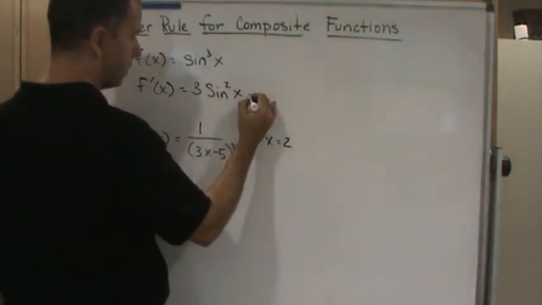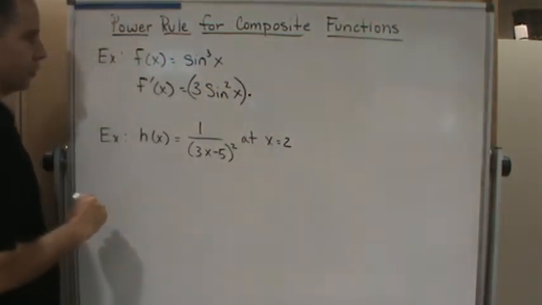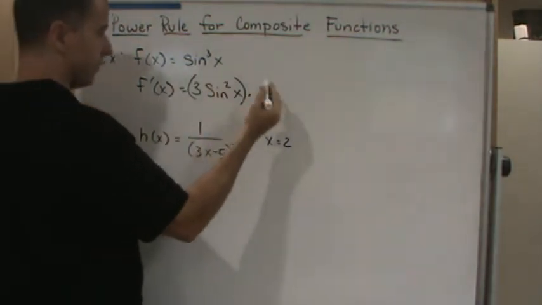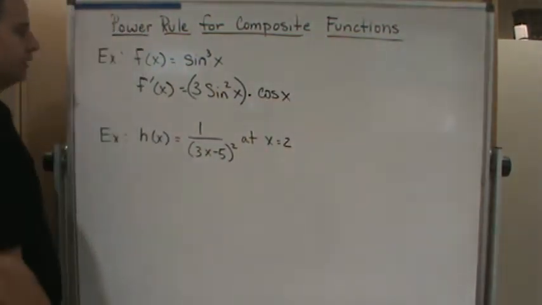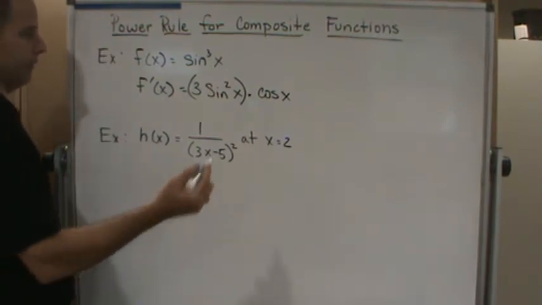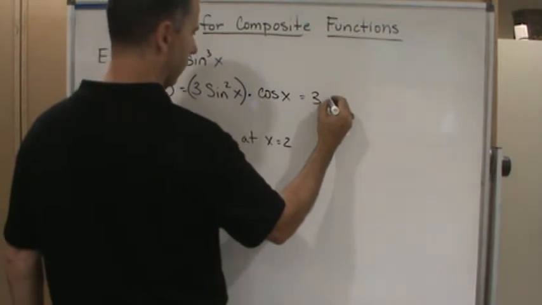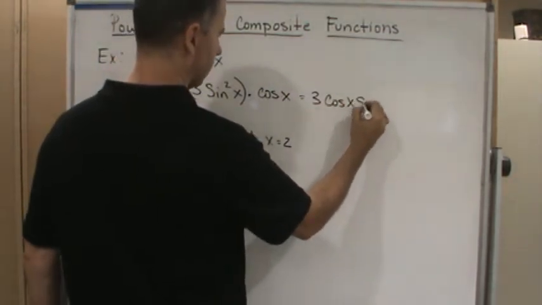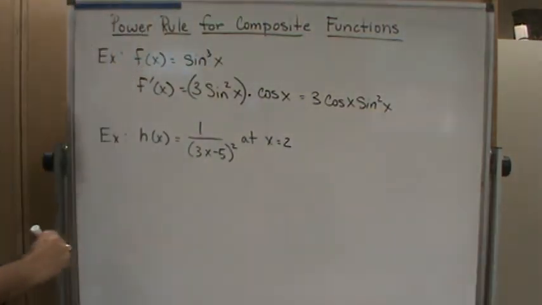Now we're going to multiply this by the derivative of the inside function, which is sine, so the derivative of sine is cosine x. Now we simplify, and this becomes 3 cosine x sine squared x. Order doesn't matter. And we're done.